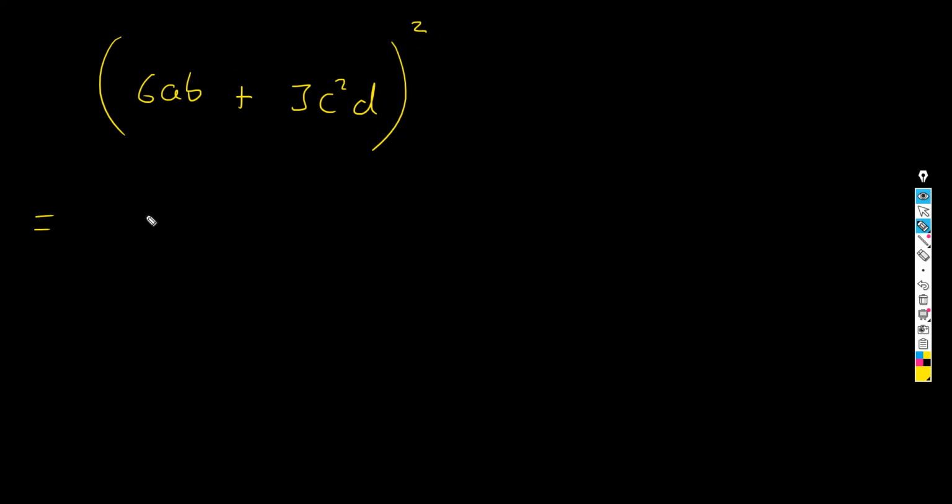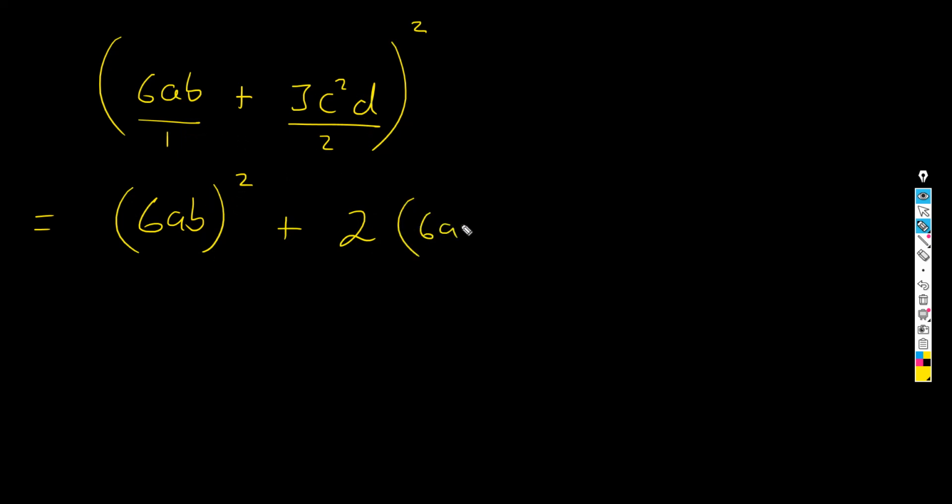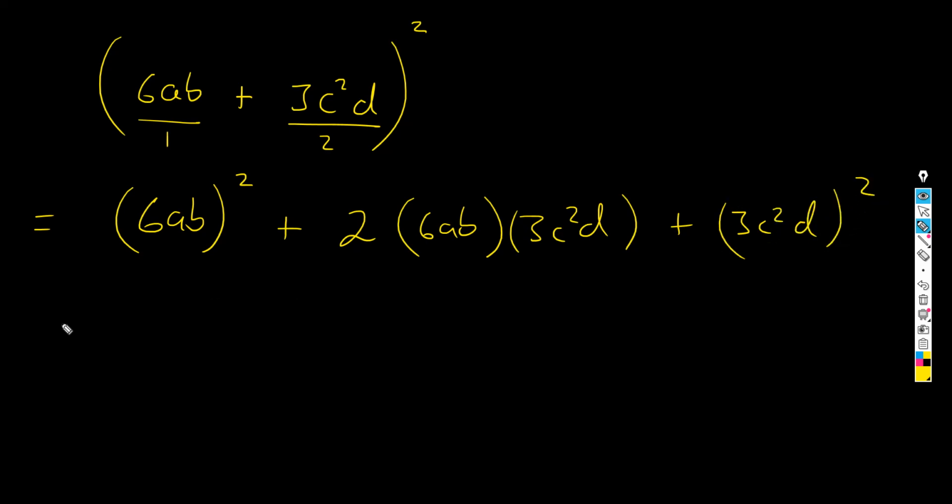So this is going to be equal to the first number to the square plus the double of the first number times the second number plus the second number, all of that to the square. Once I have it like this, I develop the exponents, or I raise each of these terms to its corresponding exponents.